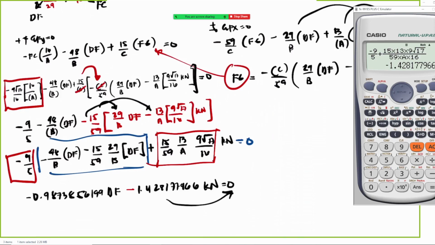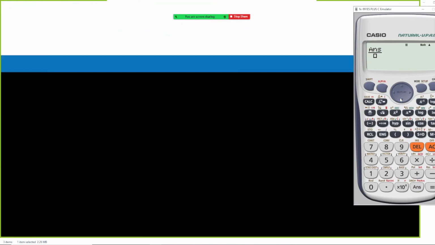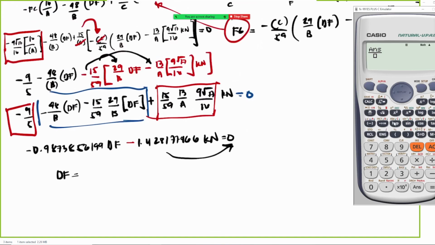Transpose sa kabilang side. Okay, so DF is equal to, okay, so kung tinranspose natin to sa kabilang side, that is times negative 1 para maging positive, and then answer over, okay, over what? Yung negative 0.987356199.